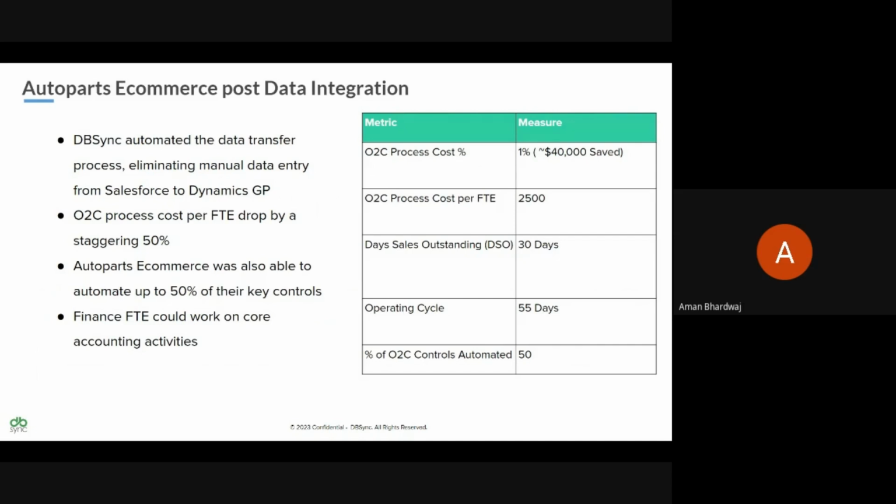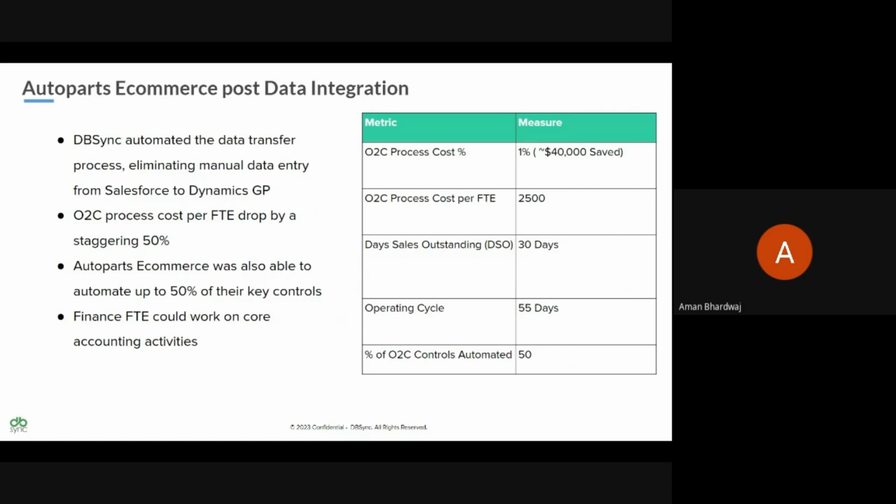So when auto parts went ahead and implemented DB Sync, there was a considerable improvement in the efficiency of how the data was being moved from one system to the other, because now you did not have to rely on one dedicated source and their bandwidth to move that data.